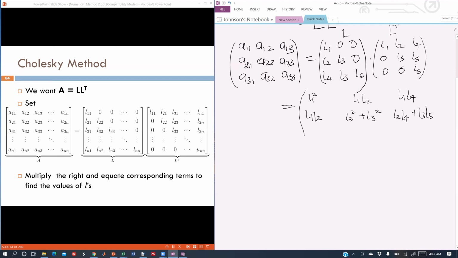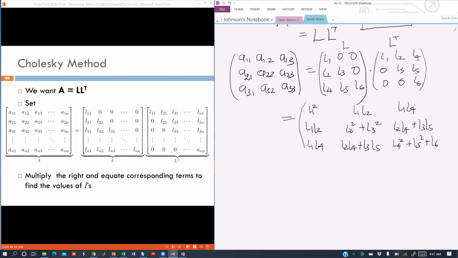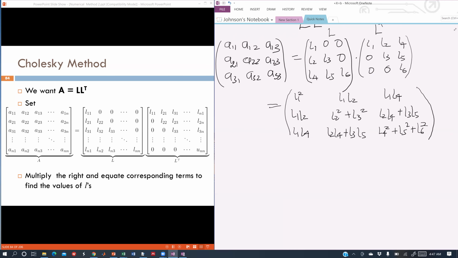And with row 3 times column 1, again, I'm writing it as L1, L4. Then I have L2, L4 plus L3, L5. And finally, I have L4 square plus L5 square plus L6 square. So these are the products of the two matrices on the right.